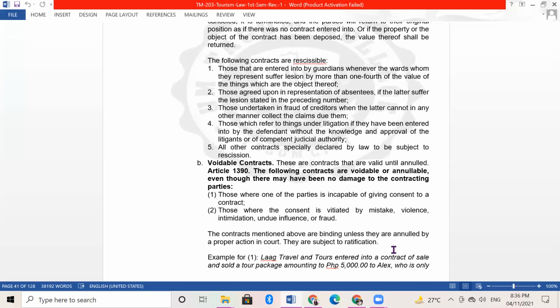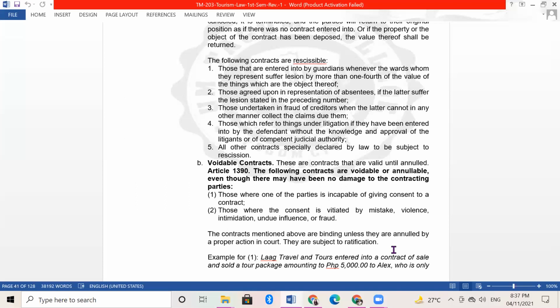Second, those where the consent is vitiated by mistake, violence, intimidation, undue influence, or fraud. The contracts mentioned above are binding unless they are annulled by a proper action in court.